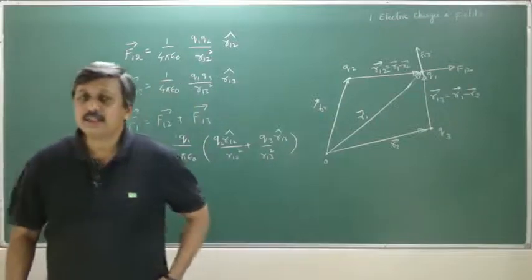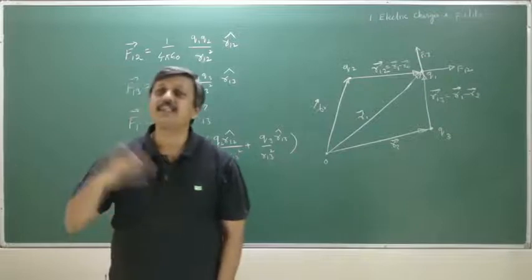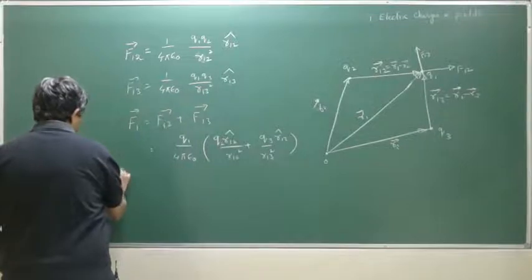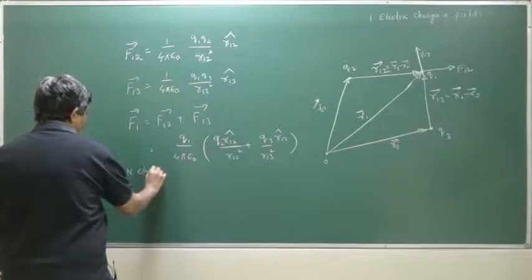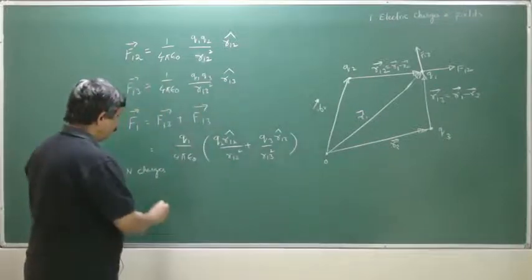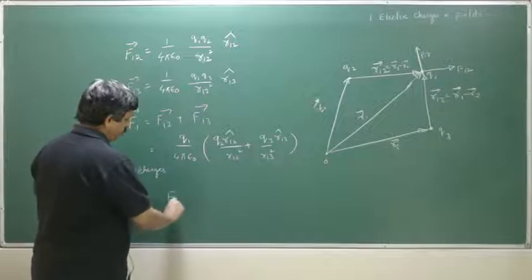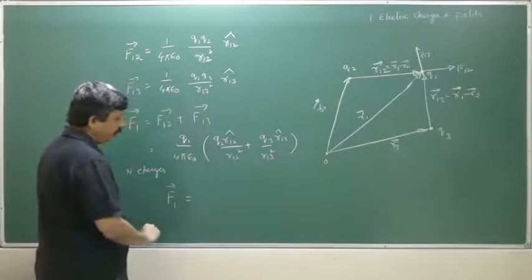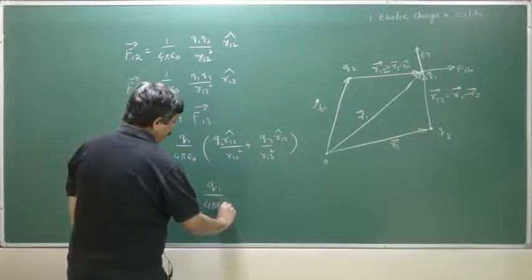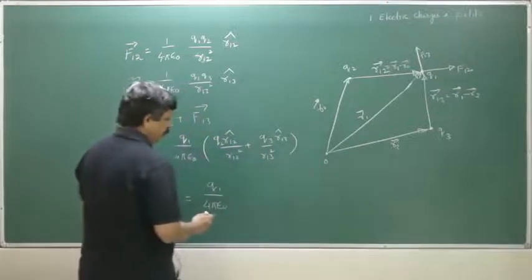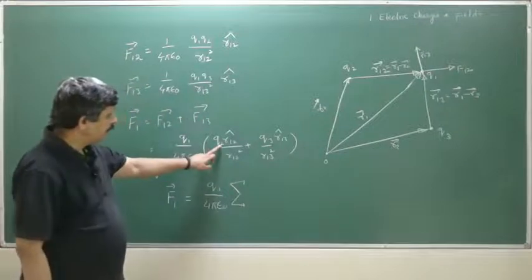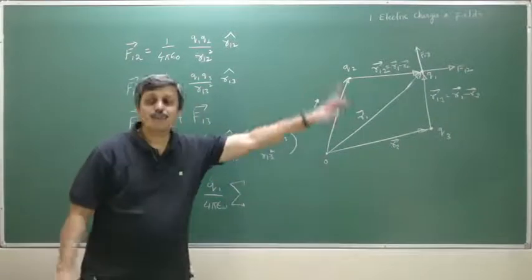So it is possible to generalize it for n charges. For n charges, F1, the force on charge q1 due to other charges, is equal to q1 divided by 4 pi epsilon naught as is, and here I add all of them, so sigma. You can see here q2, q3, the next one will be q4, the next one q5, like that.